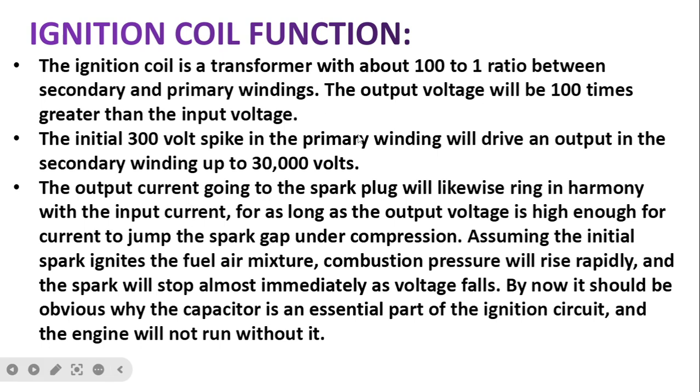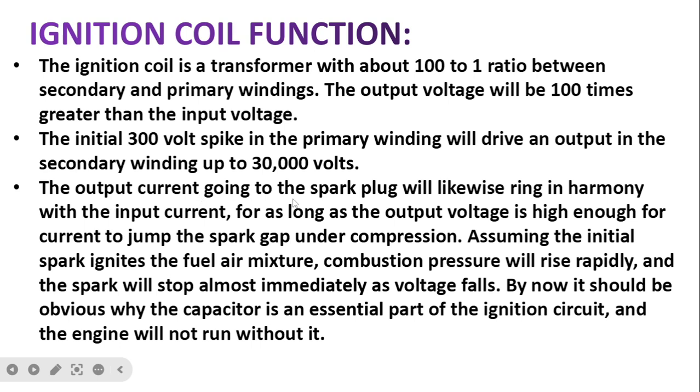We have also used the capacitor over there. As they have said, the output voltage will be 100 times greater than the input voltage because it is a transformer. The ignition coil is a transformer with about 100:1 between secondary and primary coil. So we have converted that 12 volt into 300 volt, and in the secondary winding it is converted to 30,000 volts.